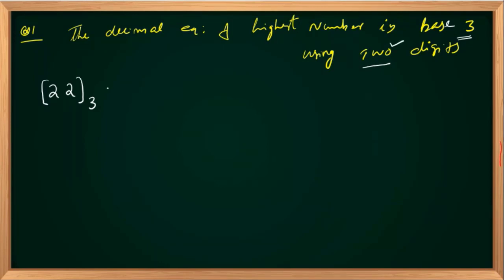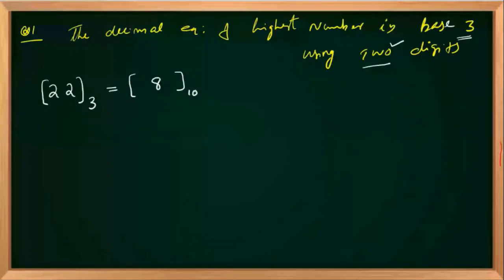How much is its decimal equivalent? 2 multiplied by 3 power 1 plus 2 multiplied by 3 power 0. So 6 plus 2 will give 8 decimal.